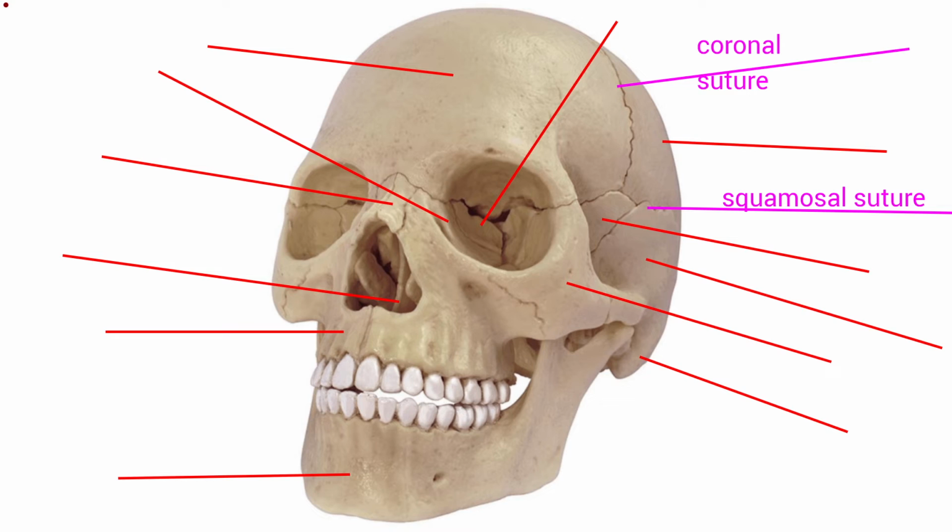Okay, I'll start up here. This is ethmoid. You always need to say bone, but I'm going to make it shorter by not. This is parietal bone. Sphenoid. Zygomatic. This is that mastoid process.